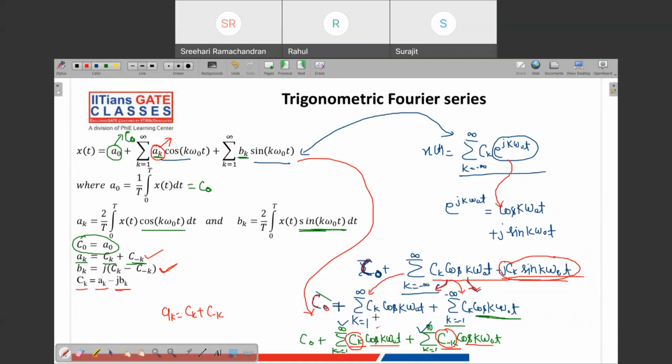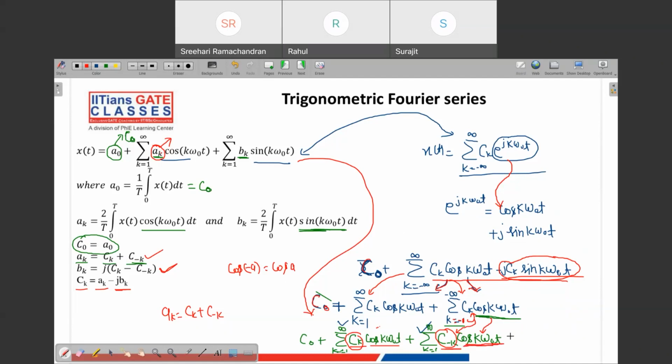And then instead of putting the negative value of k in the limit, I have replaced it, and instead of k, I put minus k in the ck and the cos k omega naught t. So instead of ck, it has become c of minus k, and instead of cos k omega naught t, it becomes cos minus k omega naught t. But cos minus a is the same as cos of a, right? Cos is an even function of its argument, and because of that I have not put the minus sign here. I've just written cos k omega naught t.